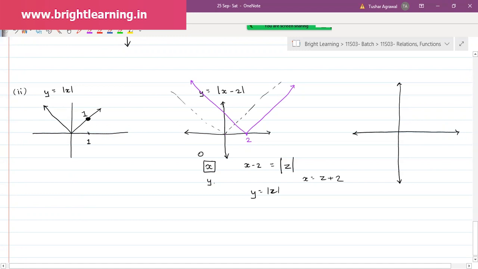And when is that value 1? You will have to take x, this x minus 2 is completely 1. When x minus 2 is 1, x will be equal to 1 plus 2. This image I will have for this 1 plus 2, means somewhere over here, 2 units to the right. Here I will have the same image.